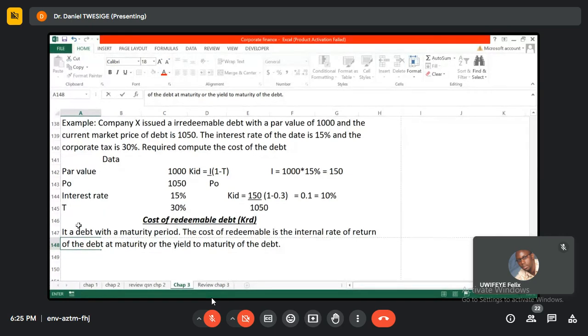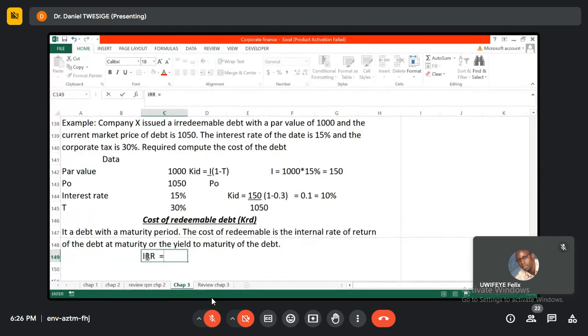So how do you get this yield? Remember, when you are getting the IRR, it is trial and error. You are going to interpolate a positive and a negative NPV to be able to get the IRR. So how do you get the IRR?